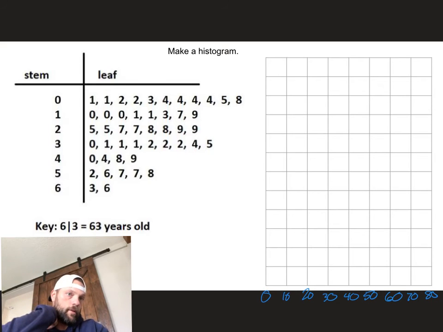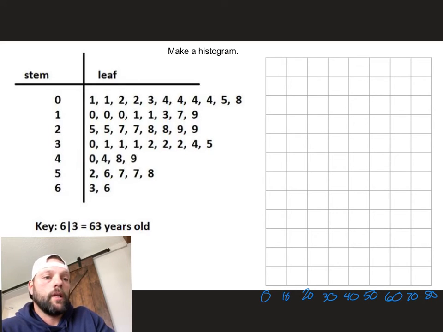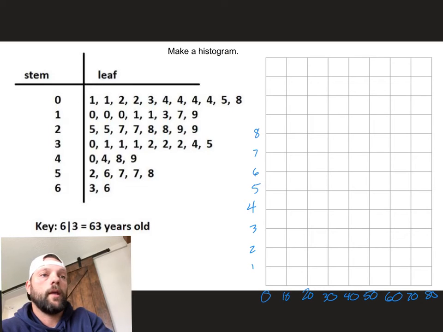So I should have enough space there. I'm just going to have my frequency 1, 2, 3, 4, 5, 6, 7, 8, 9, 10, 11, and 12.